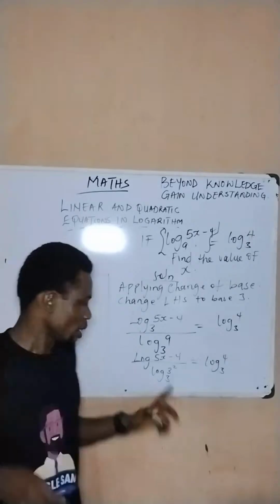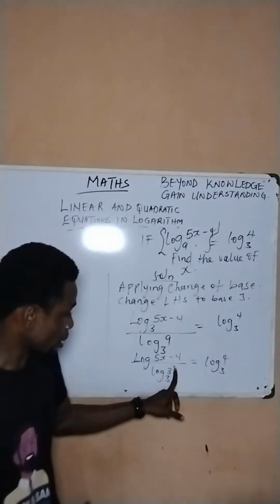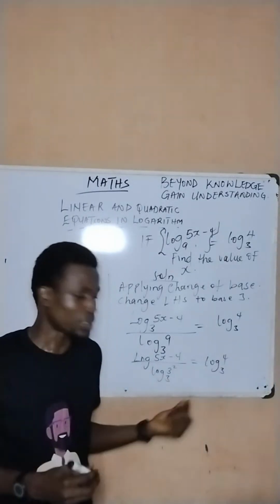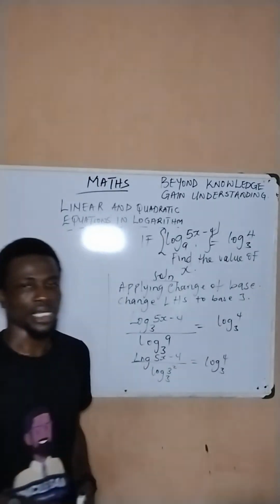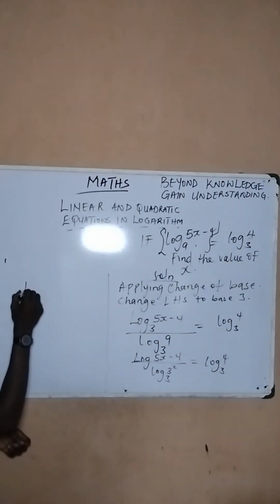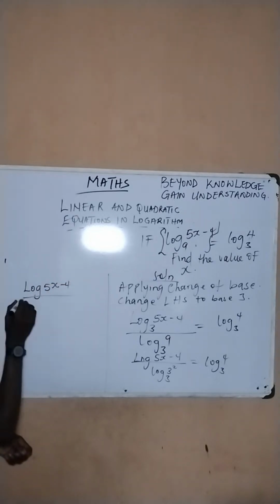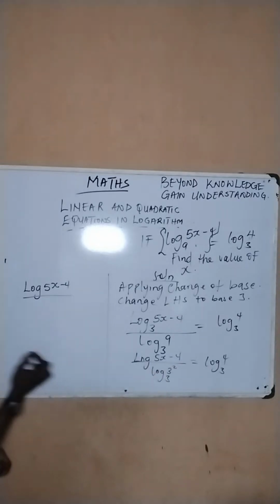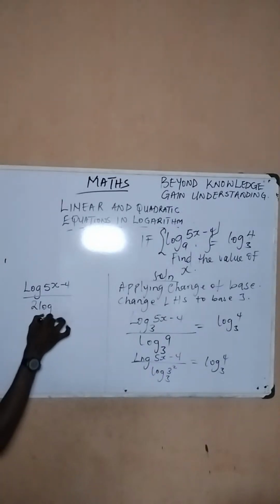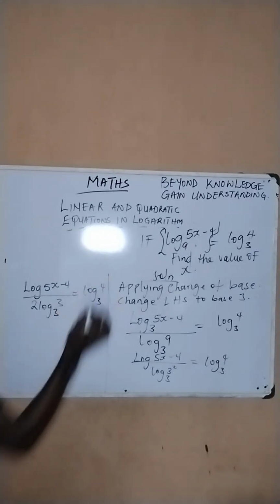Well, it turns out that under the power law of logarithms, when the log has a power, it's okay to take the power and it becomes the coefficient of the log. So continuing here, we're now going to have the log of 5x minus 4 all over, take the power, let it become the coefficient, 2 log 3 base 3 equals log 4 base 3.